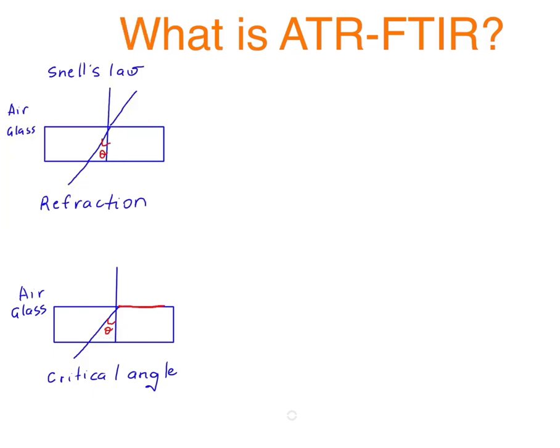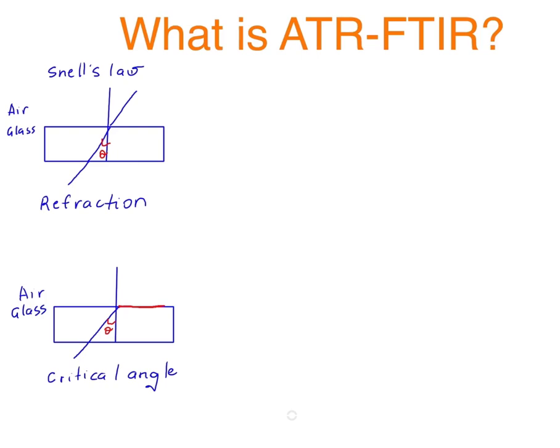So what happens when we keep increasing this angle? When it goes greater than the critical angle, the light is no longer transmitted at all, and instead it is completely reflected back into the crystal. That phenomenon is called internal reflection, or total internal reflection.